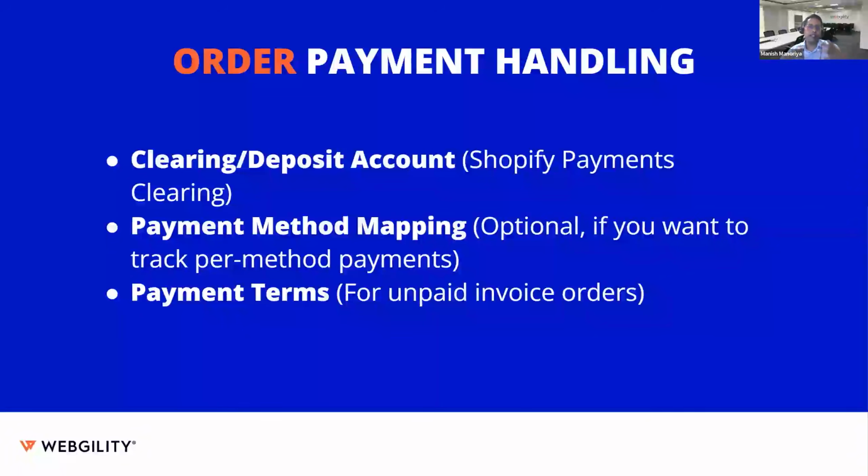And when you do the reconciliation, when you have money in your bank, it should be easy for you to find all those relevant transactions in QuickBooks and do the reconciliation easily. So creating multiple clearing accounts is really the best way to go.